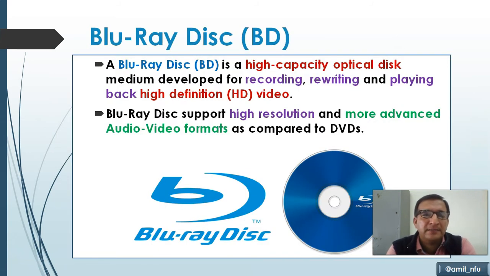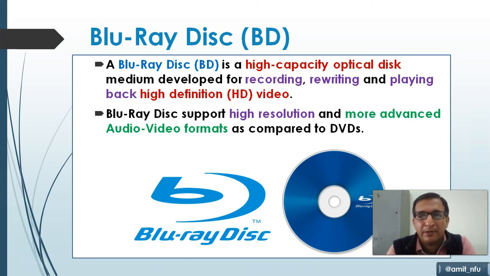So next is the Blu-ray Disc. As we are a data hungry generation and storage hungry generation, we have a lot of images and videos to be stored, and that too in a high quality format. So for that we need a better disk, called a Blu-ray Disc, and it supports high resolution and more advanced audio video formats as compared to DVDs.